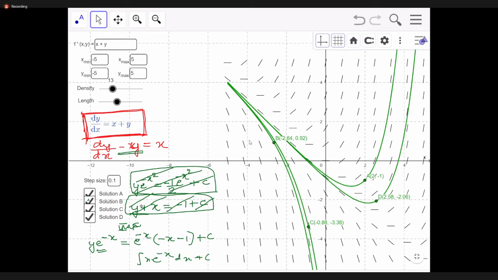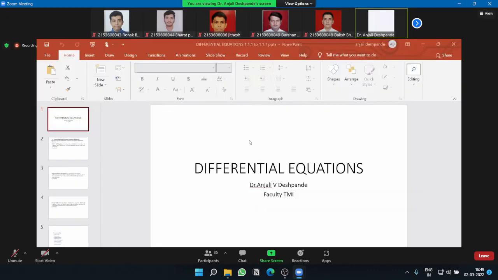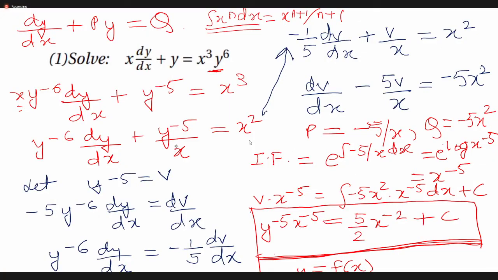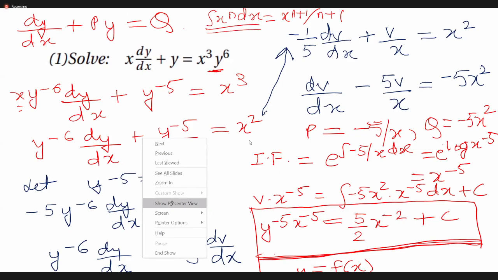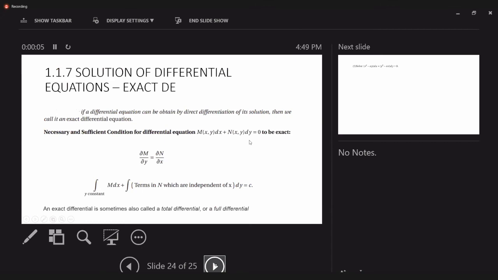Okay, fine. Very good. So now we'll just continue with what we were doing. Yes. So we had completed Bernoulli's differential equation. Is that correct? Yeah. Now we are going to do the last one.